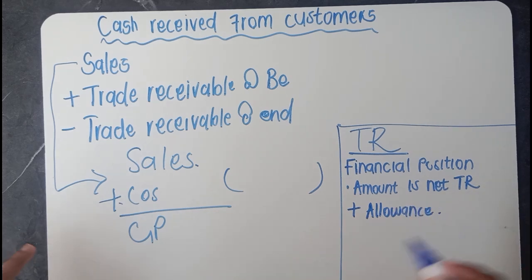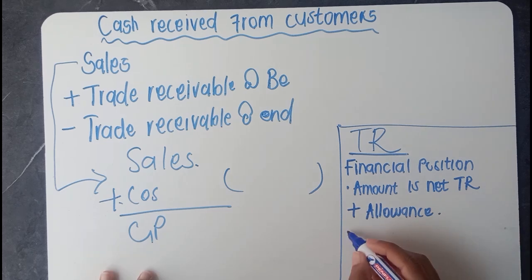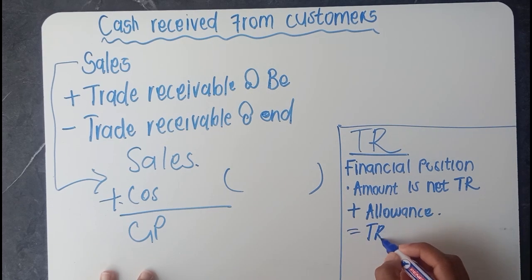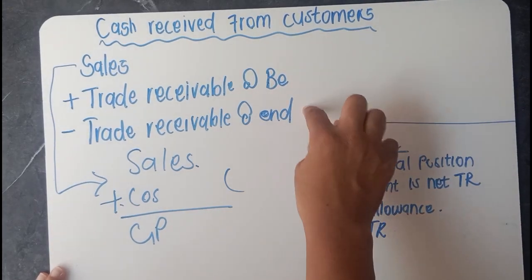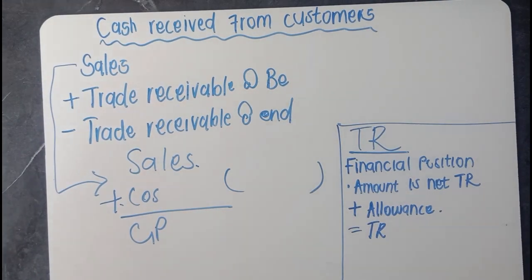The amount you get is now trade receivables, not net trade receivables, and you punch it here. You do this for your beginning amount and also your end amount. Remember, beginning and end amount.